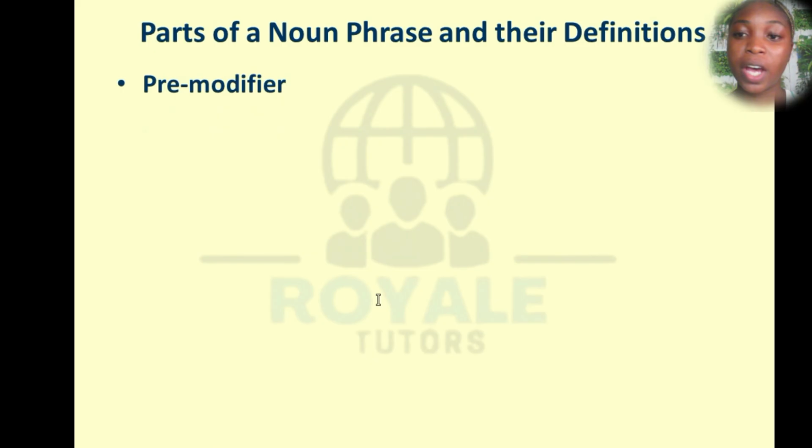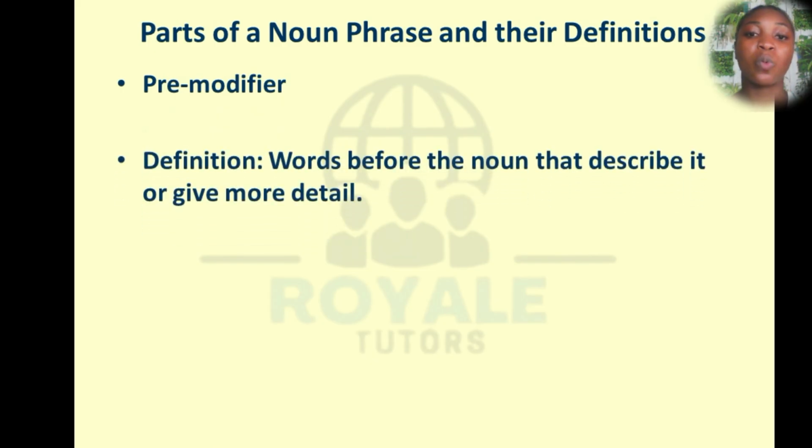For the pre-modifier, these are words before the noun. You know, I already said that adjectives, also known as modifiers, give us more information about the noun. Now for pre-modifier, they also describe. They are words that describe a noun, that give us more information about the noun. But they usually come before a noun.